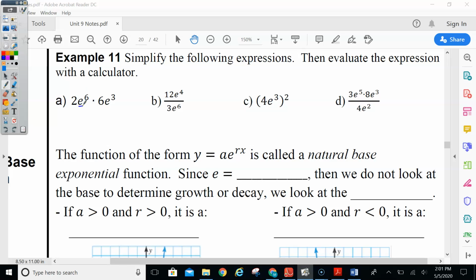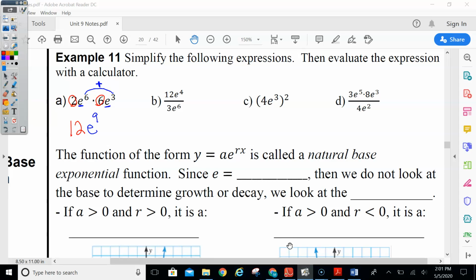So here, this exponential, the base is e. Here the exponential, the base is e. When bases are the same, we can add the exponents together. So here we're going to add 6 and 3 to get 9. Coefficients we treat like normal though. The 2 and the 6, because it's all multiplication, we're just regrouping them. We multiply that and get 12.